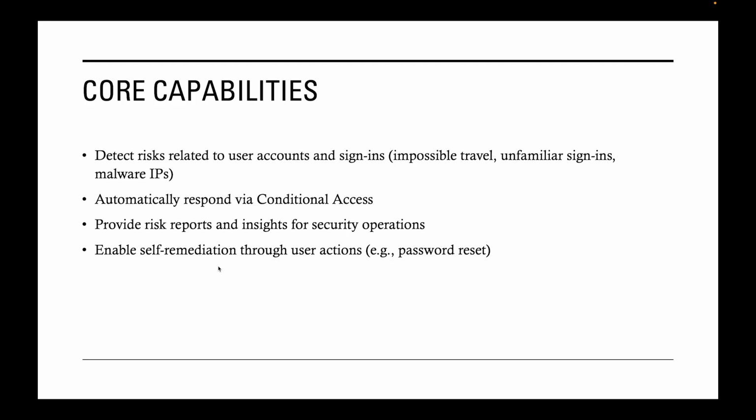So they call it impossible travel. I've also heard of Superman travel or something like that. It's been a little while, but most of the time you're going to see impossible travel. There's no way you can do that. So that's what impossible travel means. Then there are unfamiliar sign-ins, malware IPs, and so on and so forth.